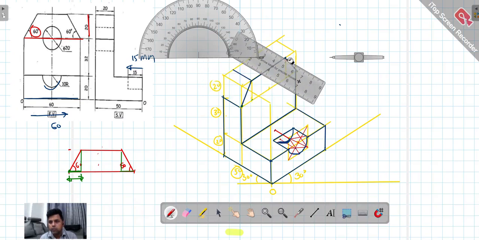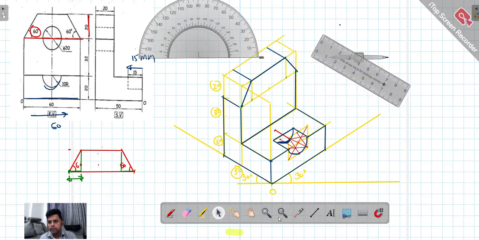Again, with the help of it, project here. Okay, take the scale away. Simply join this. I think this diagram is almost finished and connect the points properly. Okay, so this is something which we are drawing. Now, the last is left.